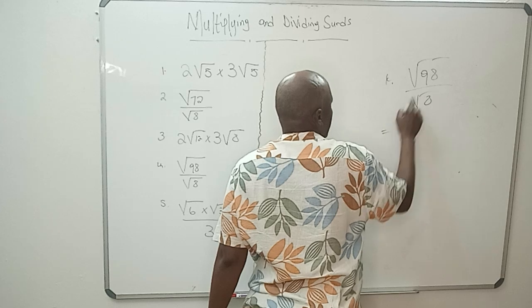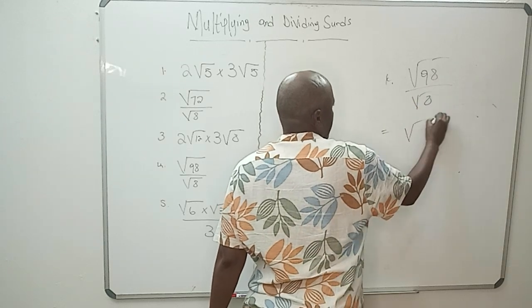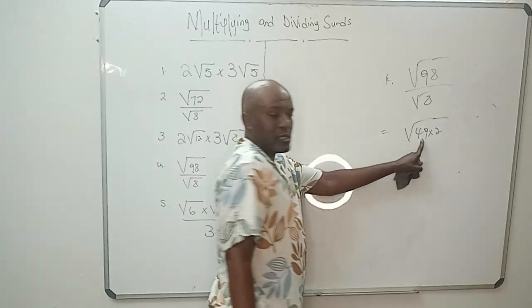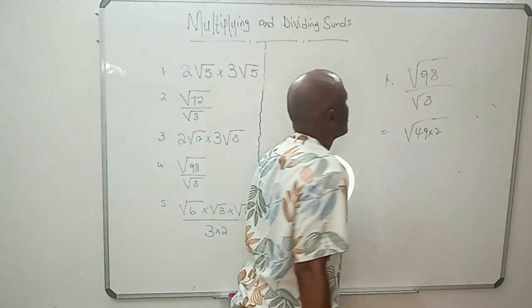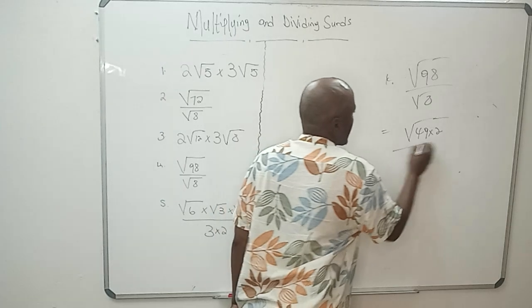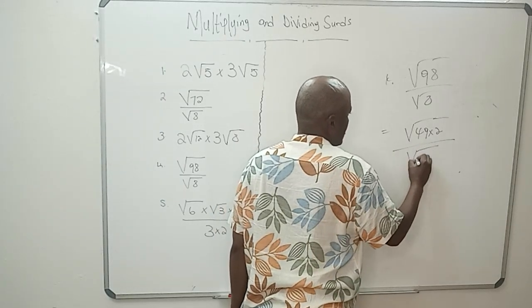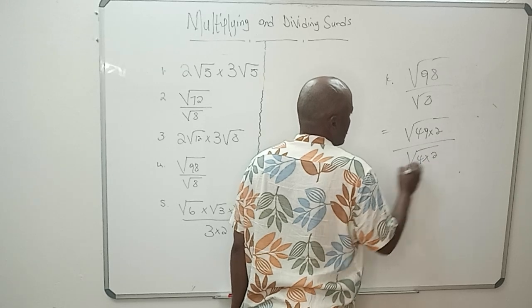We know that 98 is 49 multiplied by 2, because 49 is a perfect square and 2 is a prime number. Divided by the square root of 8, which is 4 multiplied by 2.